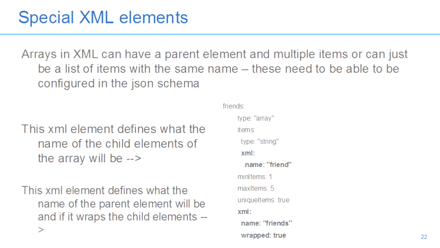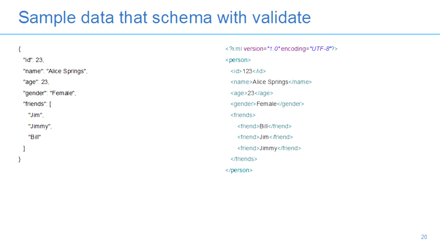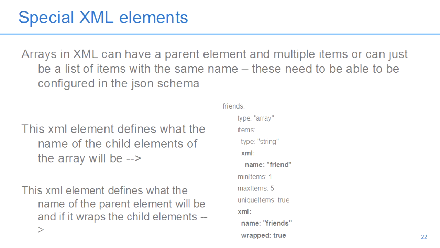So basically, it's just going to put that element around all of the friend elements inside it. If we quickly go back, I can show you. Here we've got the friends element, and then a friend, whereas in JSON, it just has friends with Jim, Jimmy, and Bill. So you have to put the other elements in, and those parts of the schema with the XML elements are used to generate that.